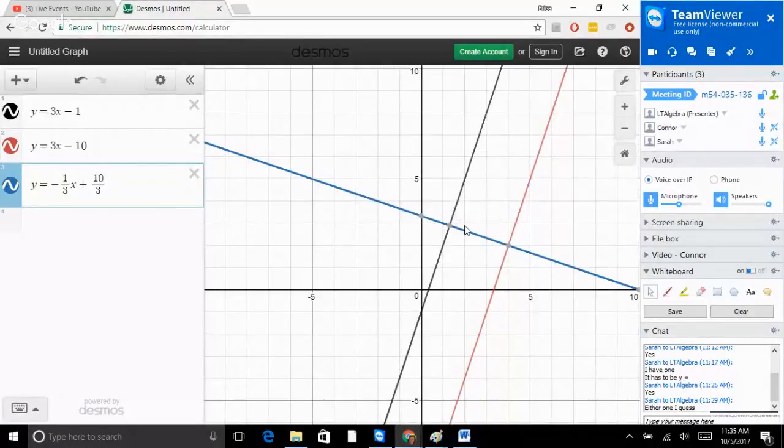They appear to be perpendicular to each other. And the blue line also goes through the point 4, 2. Okay. So I think we did it.